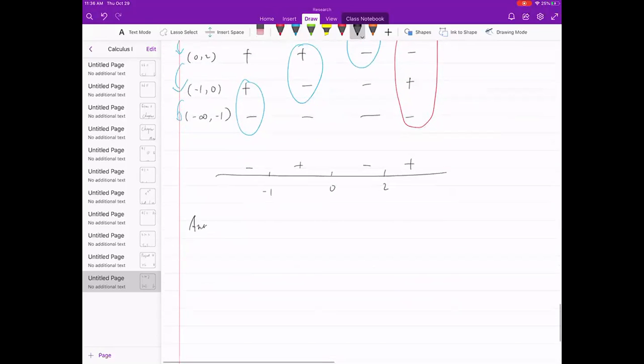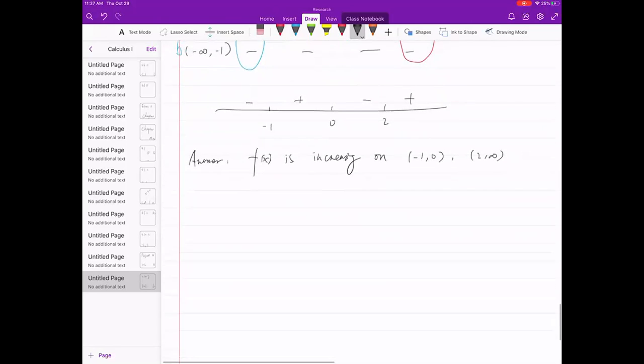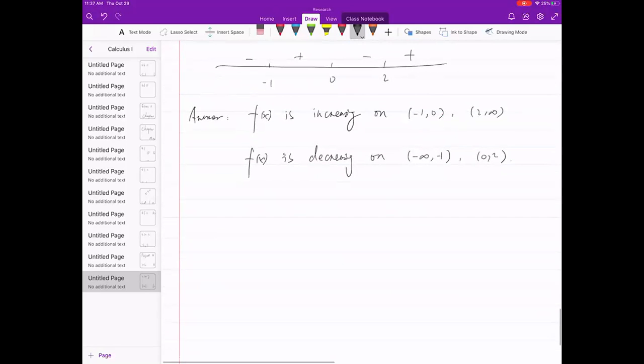So our answer is f(x) is increasing on -1 to 0 and 2 to infinity. f(x) is decreasing on this and this. Is the idea clear?